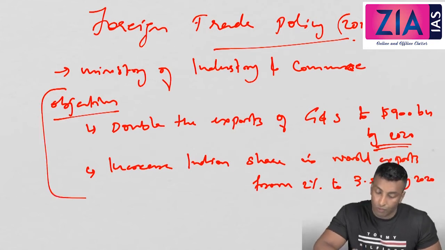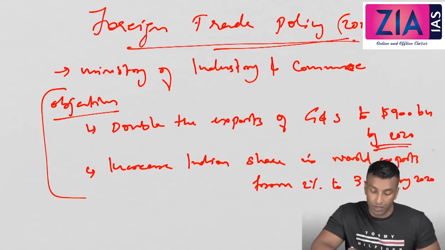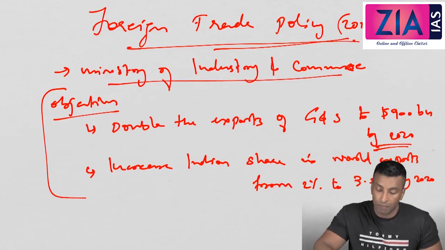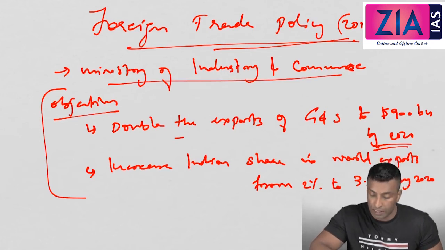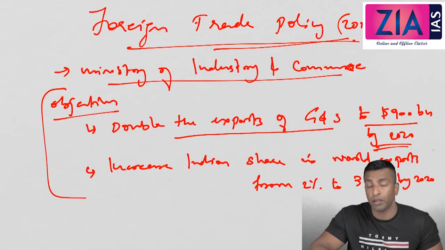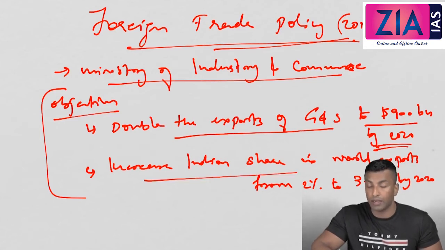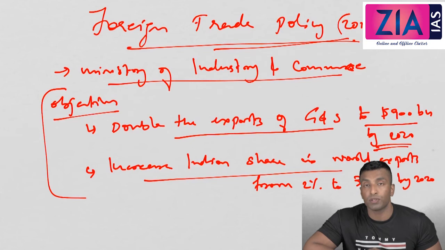So this is the objective of foreign trade policy 2015-20 draft. It is the Ministry of Industry and Commerce, and the objective is to double the exports of goods and services to $900 billion by 2020 and increase India's share in world exports from 2% to 3.5%.